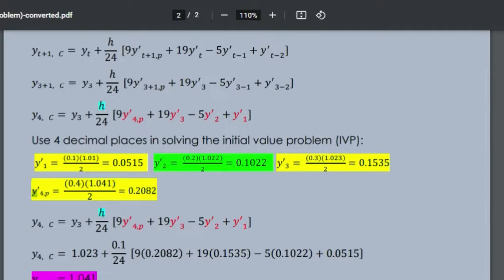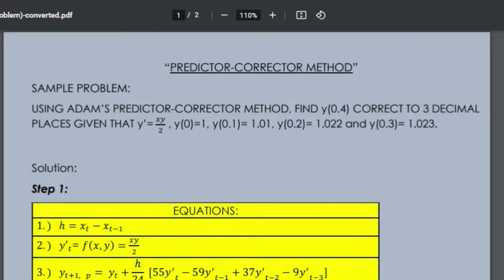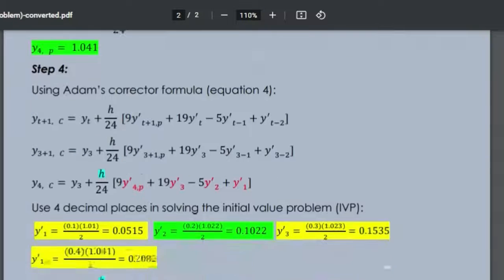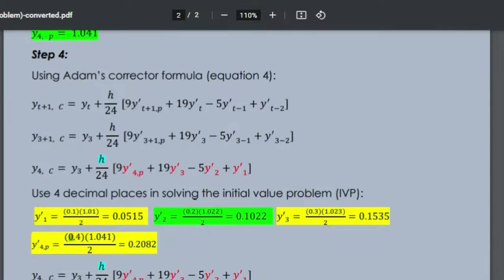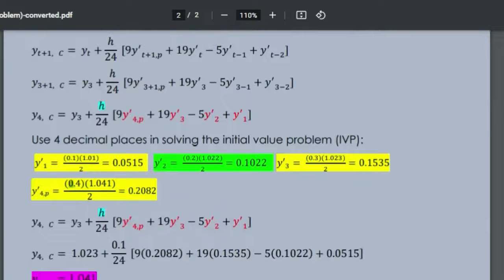Here, y prime sub 4 p equals 0.4, because what we are looking for here is x sub 4. So we take 0.4 times our answer y sub 4 p, which is 1.041, divided by 2, and we come up with 0.2082.